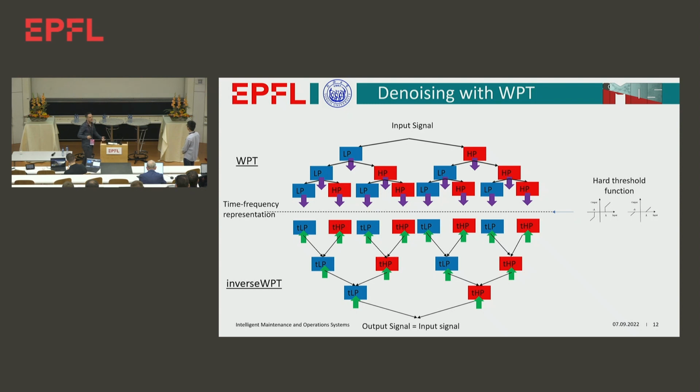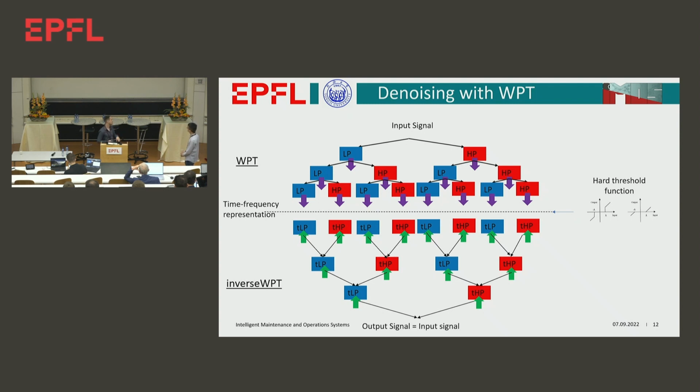And one of the main applications of the wavelet packet transform is to perform denoising. Why? Because an input signal, when it's structured, should have a sparse time frequency representation. However, the noise in the signal does not have any structure, and it should be related to low amplitude coefficients.